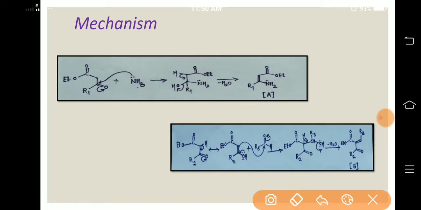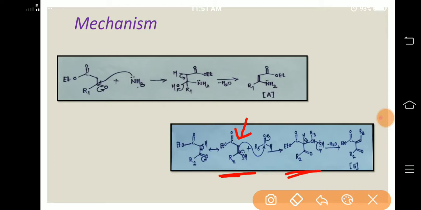Now, in the enol form, this carbon-carbon double bond is behaving as a nucleophile in nature that can attack at the electron deficient carbonyl carbon of the aldehyde by donating its pi electron pair toward the carbonyl carbon, leads to the carbon carbon bond formation.